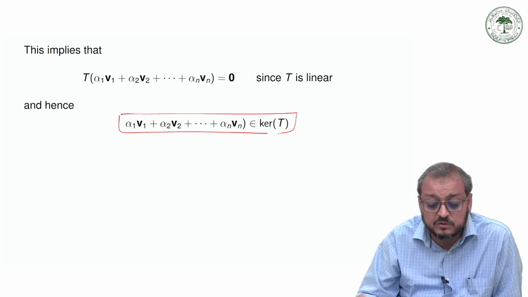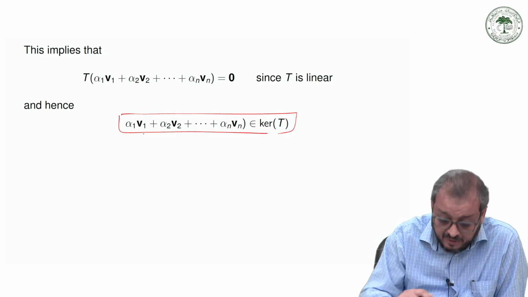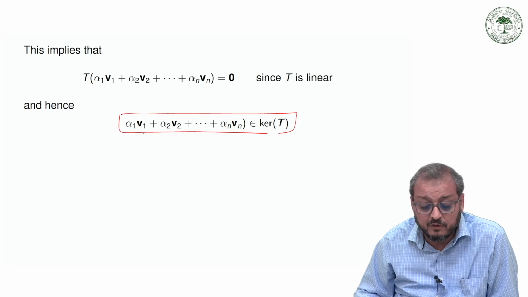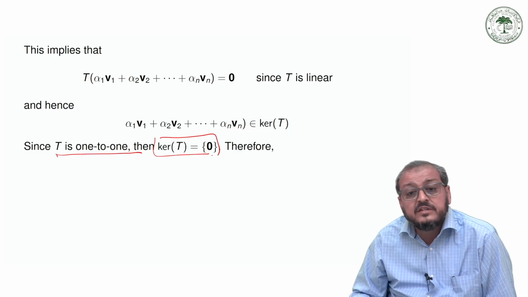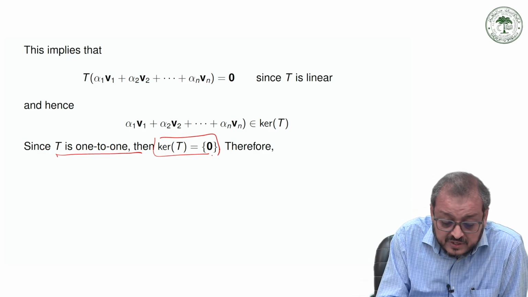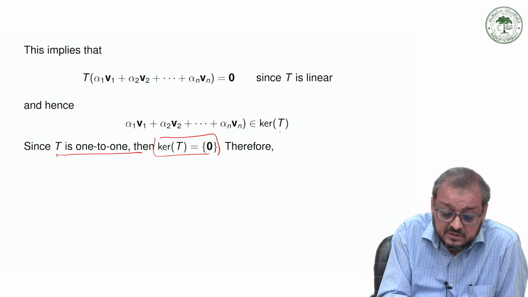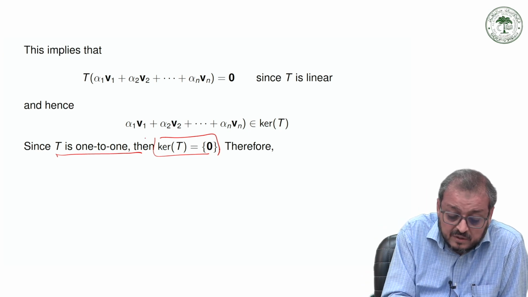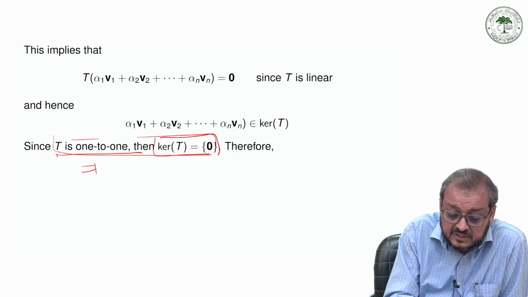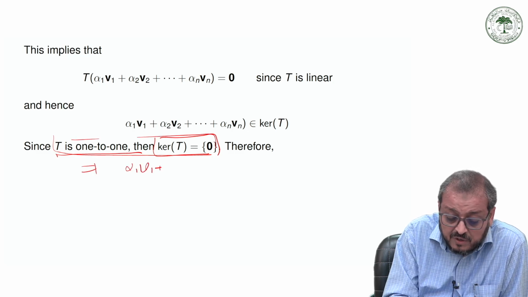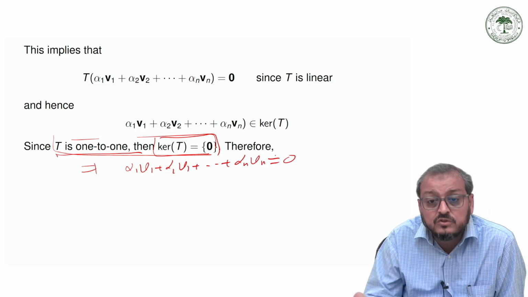Now, since T is one-to-one, the kernel of T is equal to 0. So by the definition of the kernel, this implies alpha 1 V1 plus alpha 2 V2 plus so on plus alpha n Vn is equal to 0.